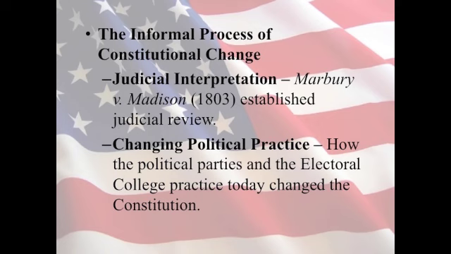Madison, the Supreme Court decided it would be the one to resolve differences of opinion when it claimed for itself the power of judicial review. Remember, judicial review is the power to decide whether the actions of the legislative and executive branches of state and national government are in accord with the Constitution.